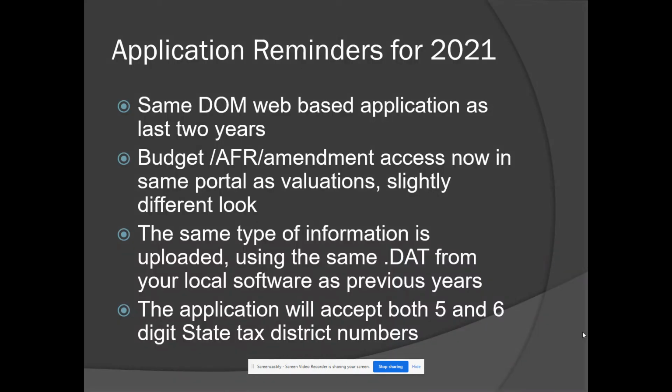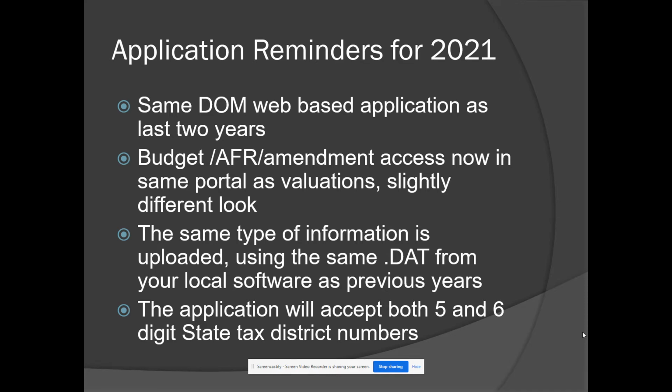As far as some general application reminders for the 2021 valuations, you're going to use the same DOM web-based application as the last couple of years. Your budget, AFR, and amendment access is now in the same portal as valuations, so there's a slightly different look.